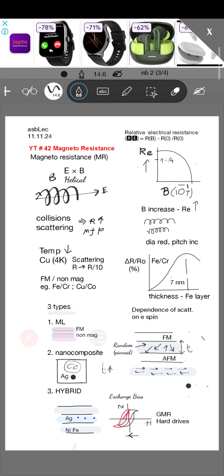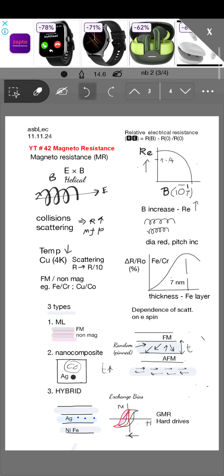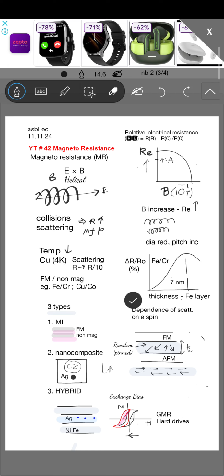Initially, it's basically a silver matrix, on which we have cobalt, which are ferromagnetic nanoparticles. So here all these magnetic particles will be placed.